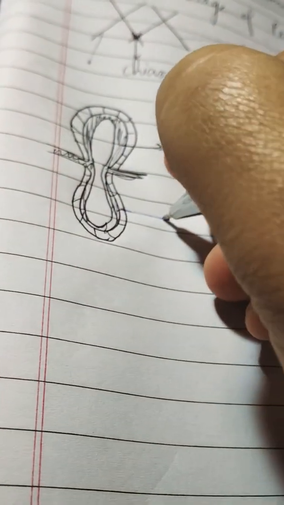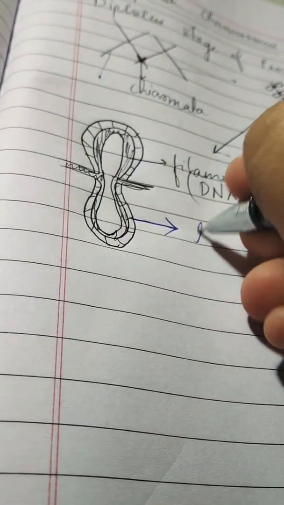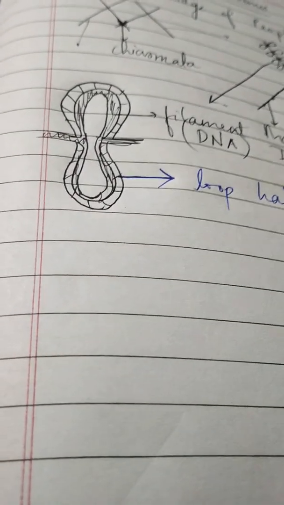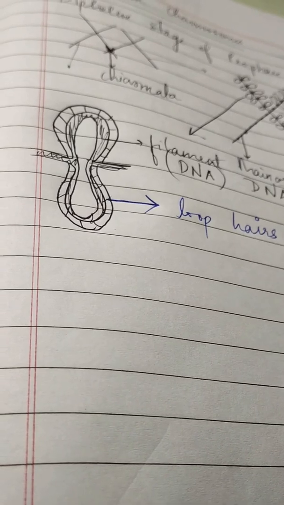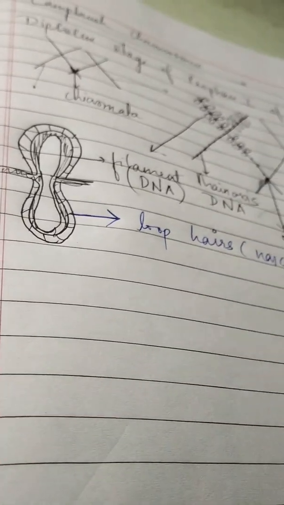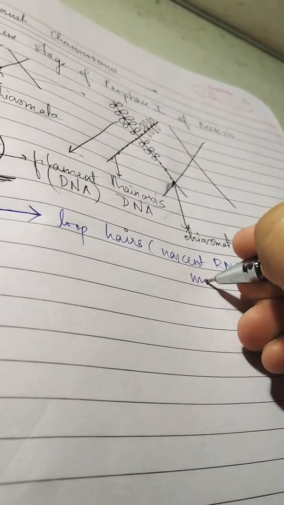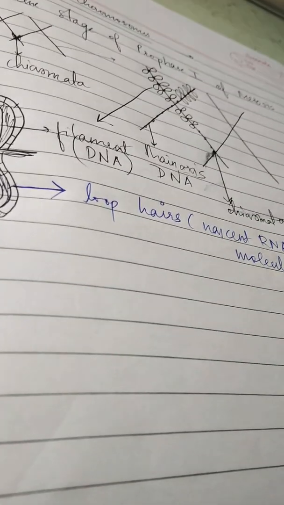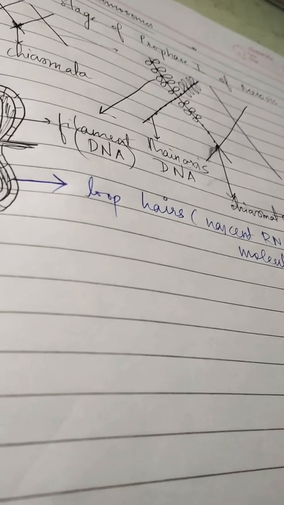Now these loop hairs, so this is what you see. This thing you see, these are your loop hairs. What are these loop hairs? These loop hairs are basically nascent RNA molecules. Nascent in the sense of newly born RNA molecules.